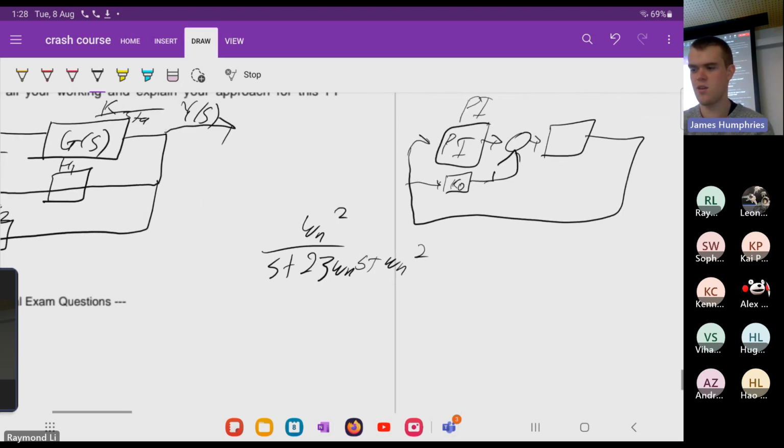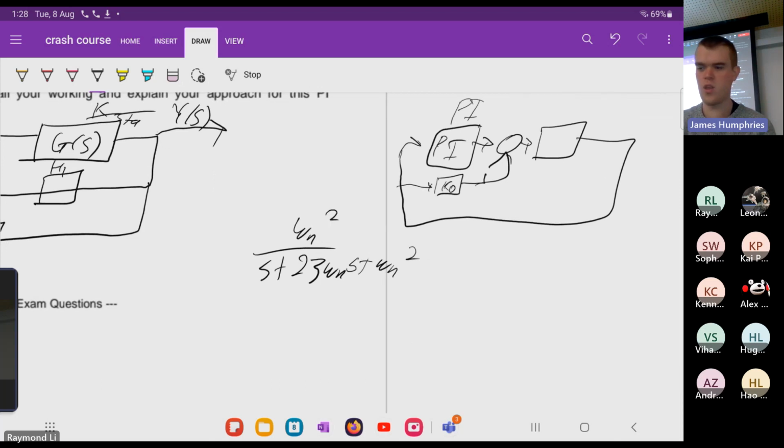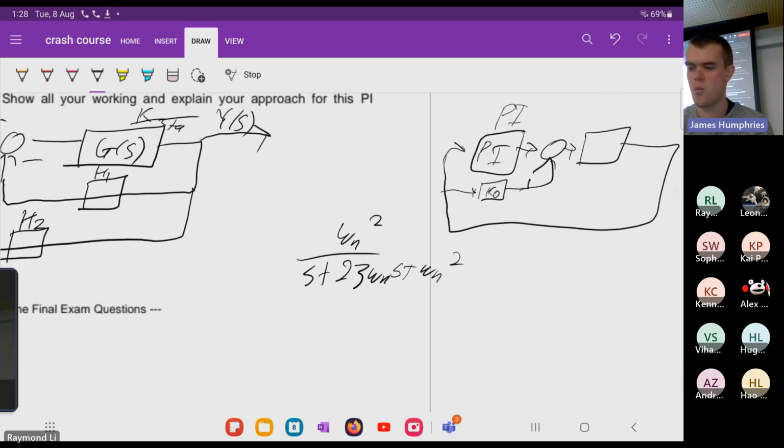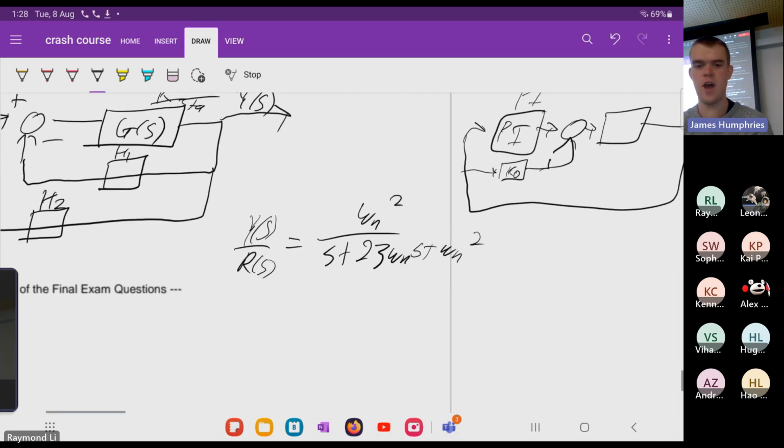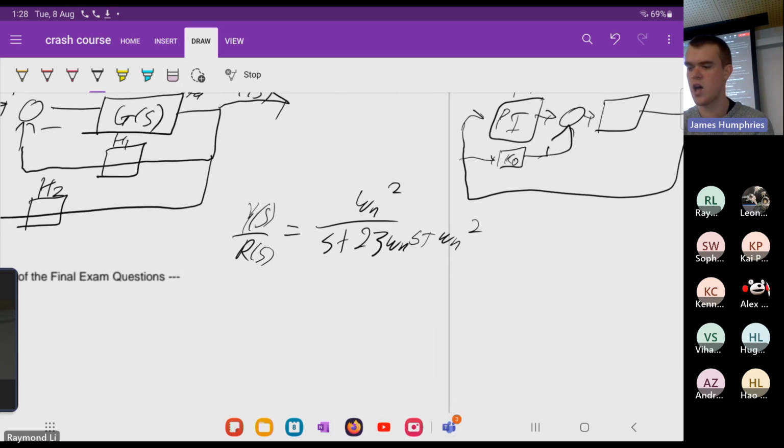Yes, highly true. So we effectively want our Y of S on R of S to equal this. We don't have much choice, so we want to somehow modify our expression such that we can change this value here.